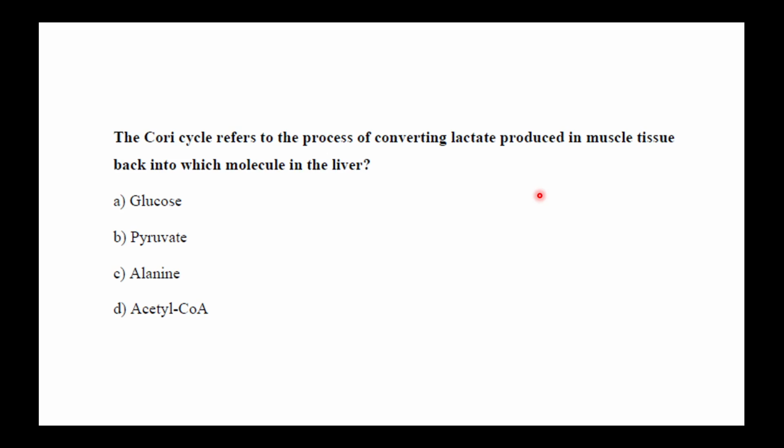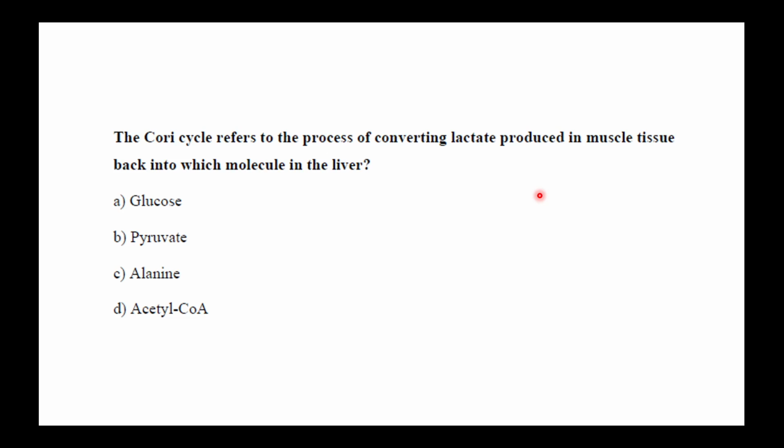The Cori cycle refers to the process of converting lactate produced in muscle tissue back into which molecule in the liver?